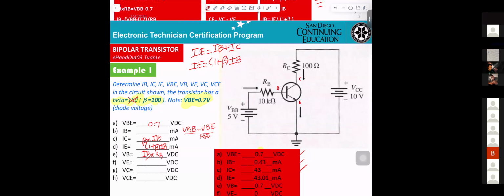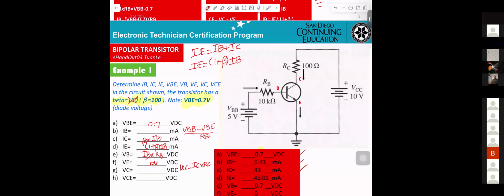VE, easy to recognize, the thing that they connect to the root. VC, again, they will be equal VCC minus IC times RC. Just one comment on VB.